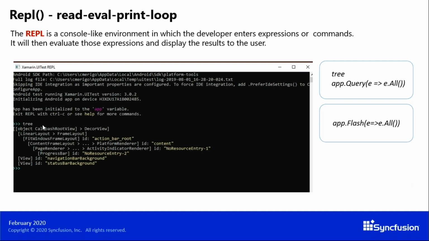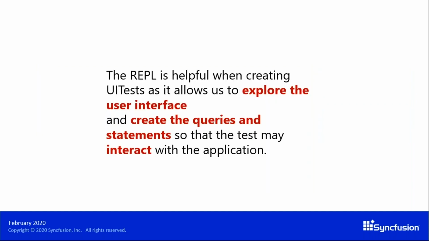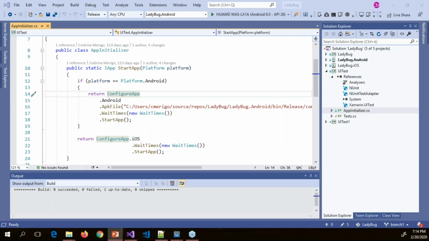So once you're querying your application, if you want to see something, you will invoke the flash method, and the element that you are querying will flash on the screen. This is very helpful and allows you to explore the user interface and create queries, as I said, in order to interact with your application. And now we'll see how to use this inside your UI project.